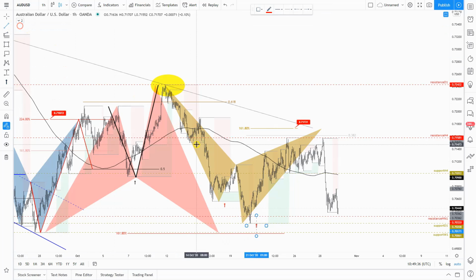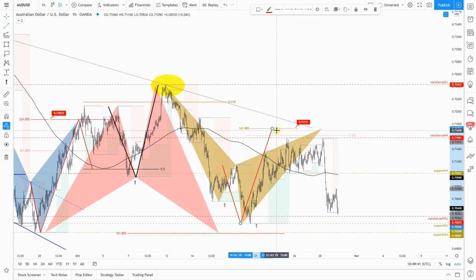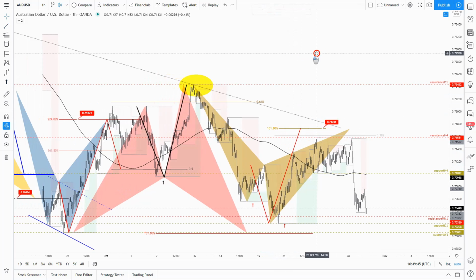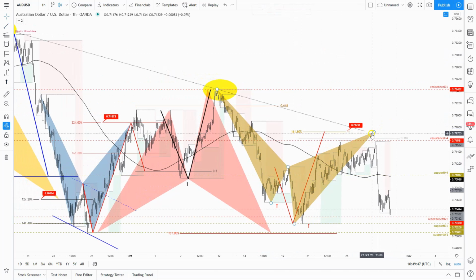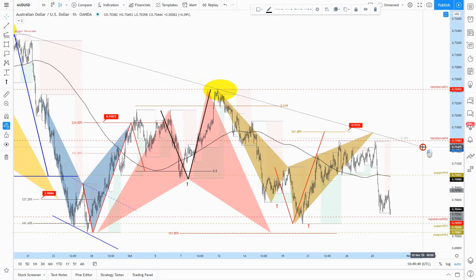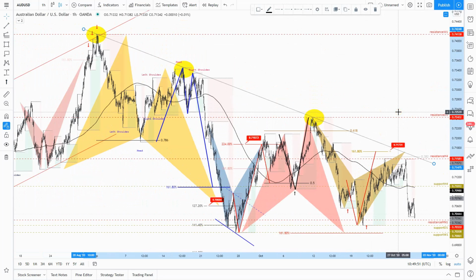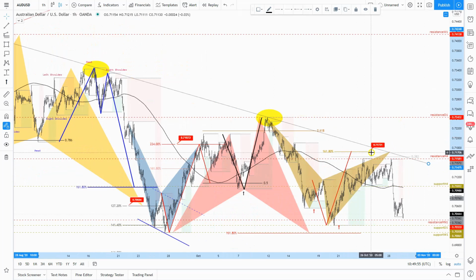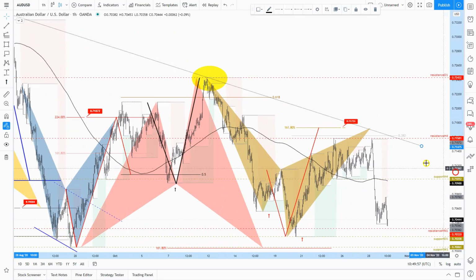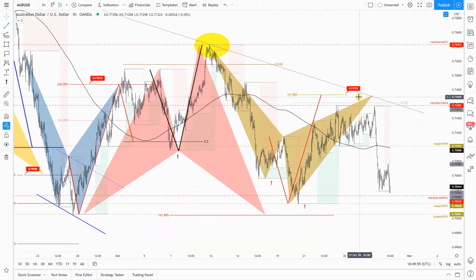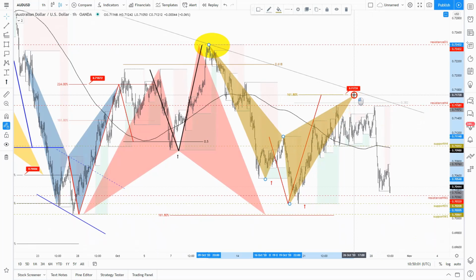Okay, I search for an extension of this swing, and after the pattern gets formed, I wait for a retracement. So what happens here is, the market has found resistance just a few points below that descending trend line resistance, without completing the pattern just by a few points.